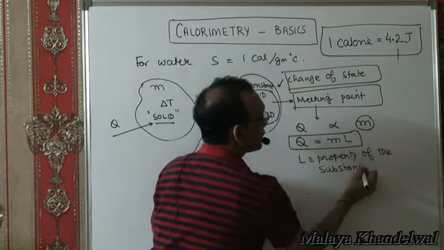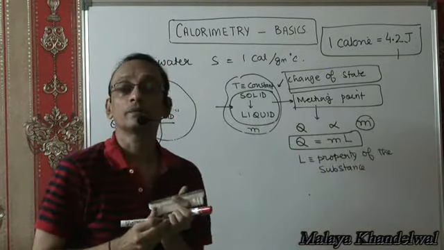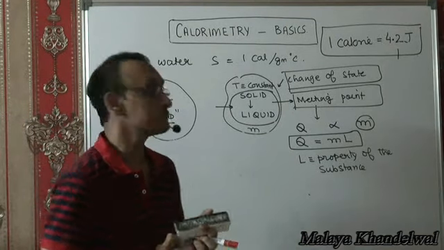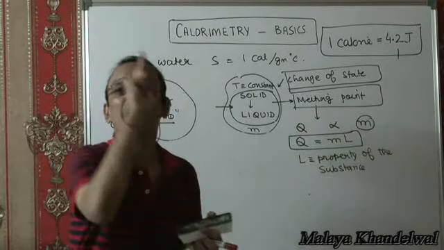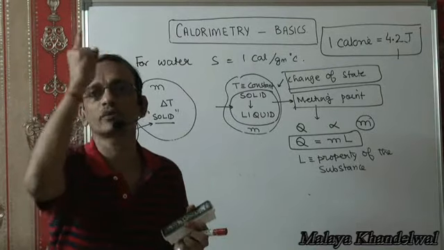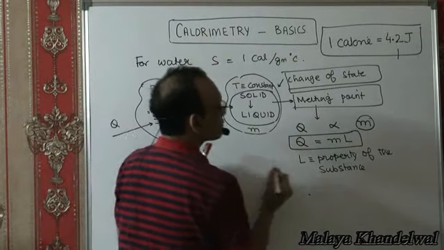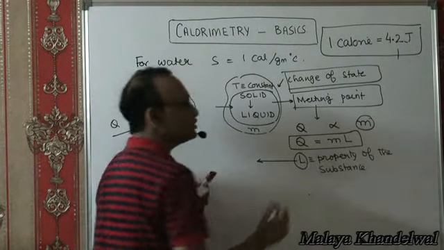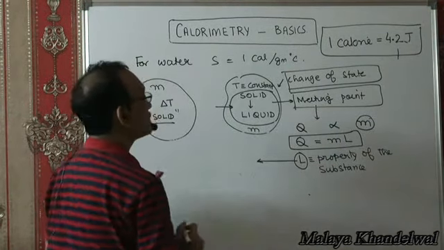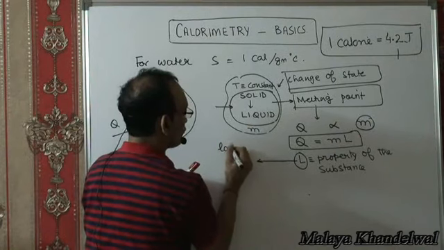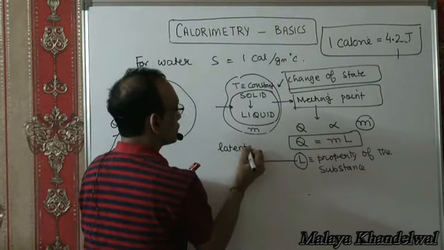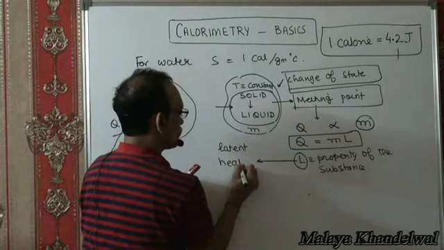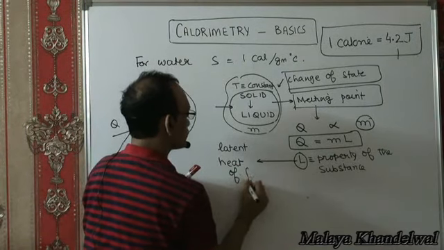And in this case, when we are enabling change of state from solid to liquid at the melting point, the value of L that is used is called latent heat of fusion.